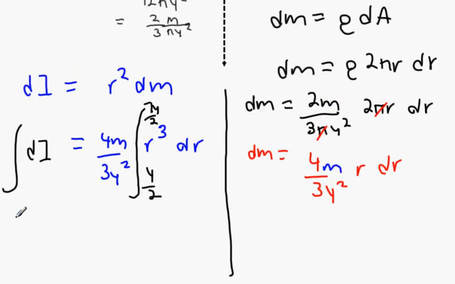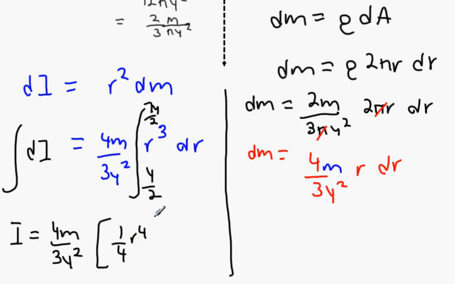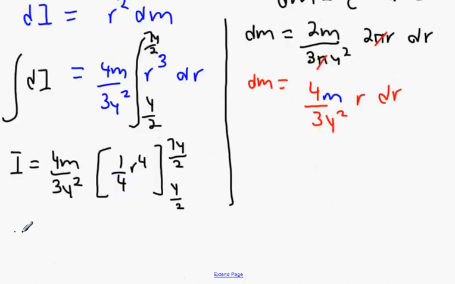Okay, so we're going to get I equals 4m over 3y squared. Integrate, and when we integrate, a quarter r to the power 4 from the limit 7y over 2 to y over 2. Now that's quite difficult.